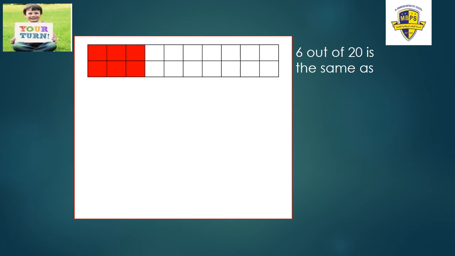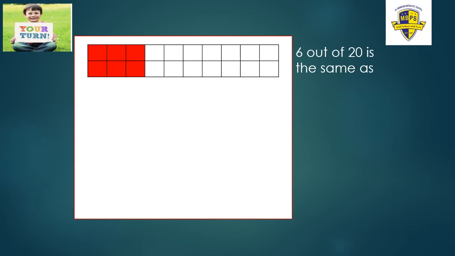Now it's your turn. This is 6 out of 20. We want to write it as percent. So the denominator here is 20. So we have to make it 100. Excellent. How do we make it 100? 20 multiplied by what equals 100?